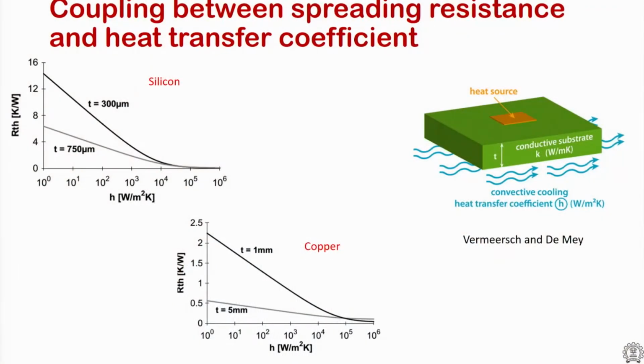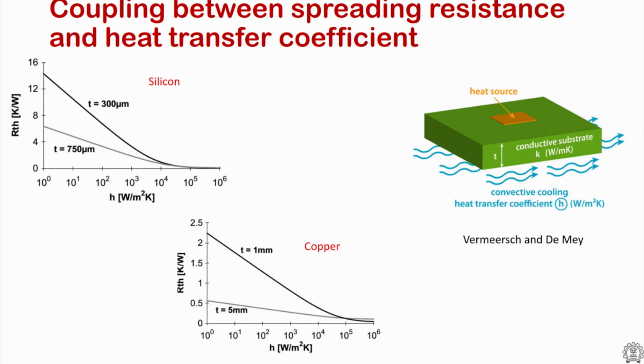So when you have the situation that I've been talking about, which is a smaller heat source mounted on the base plate of a heat sink, and the thickness is, let's say, T, then you see that spreading resistance is often coupled with the heat transfer coefficient.